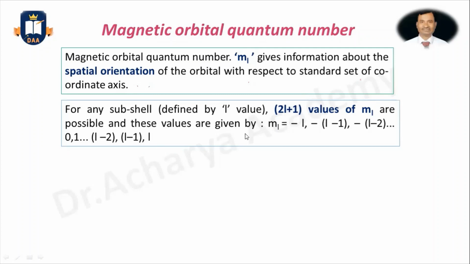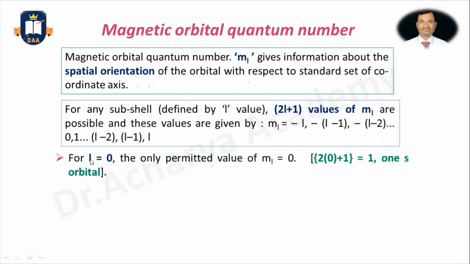These values are given by minus l, where l is the azimuthal quantum number, then minus l plus 1, minus l plus 2, and so on, up to 0, 1, and so on, up to l minus 2, l minus 1, and l. When we give examples for the values of l, this will be more clear.